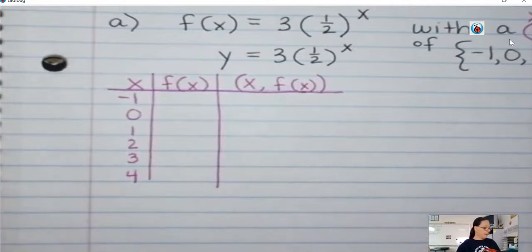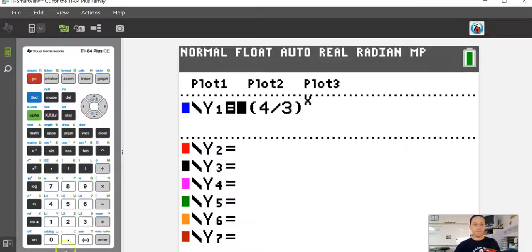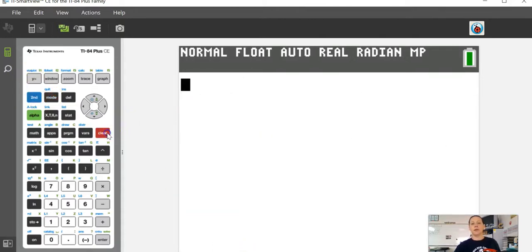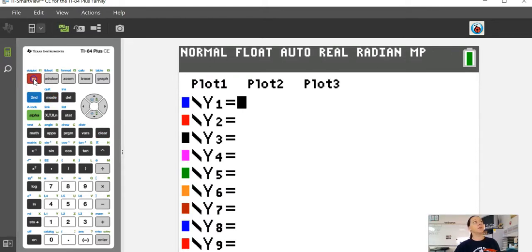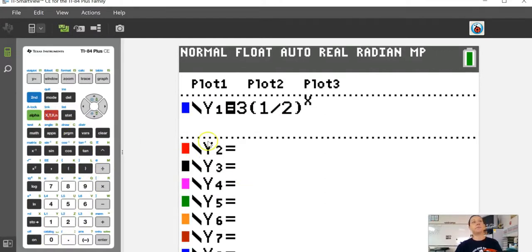Okay, so grab either a graphing calculator or open up Desmos. If you're using a graphing calculator, go into y equals. So normally you're right here in the blank screen. Click y equals and type in 3 parentheses half raised to the x power.